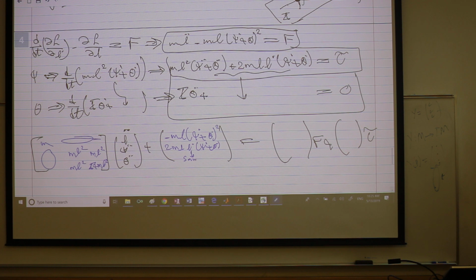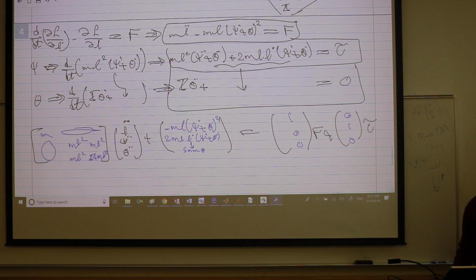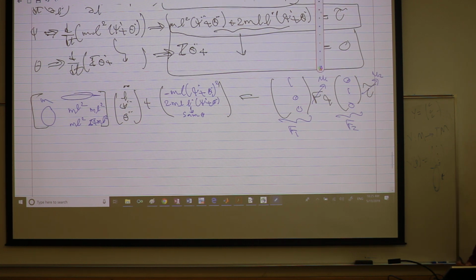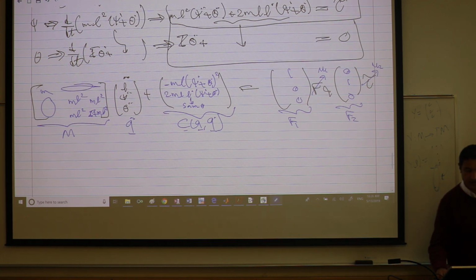Actually get the same term, exactly the same. 1 0 0 0 1 0. So actually this is my first control input U1, my second control input U2, control force vector field and vector field. So this is what? This is my C of q, q dot, right? The centripetal Coriolis. This is my mass matrix, and this is q double dot. Any questions so far? Just direct application of mechanics.